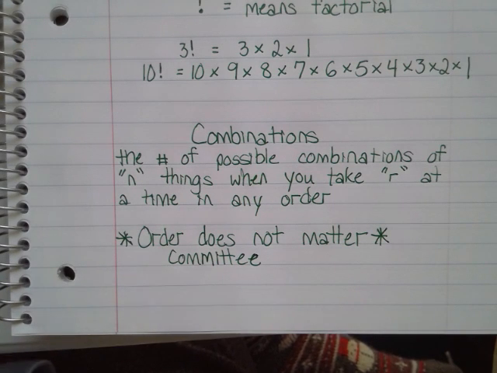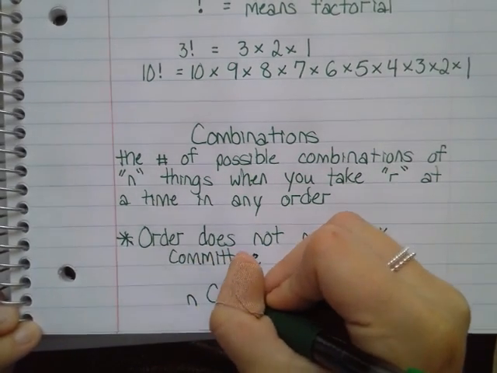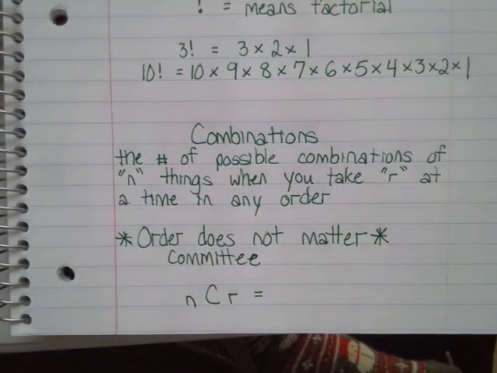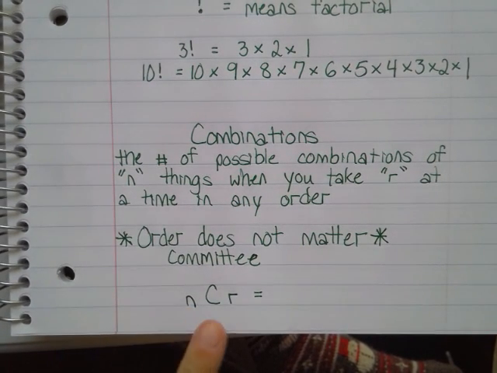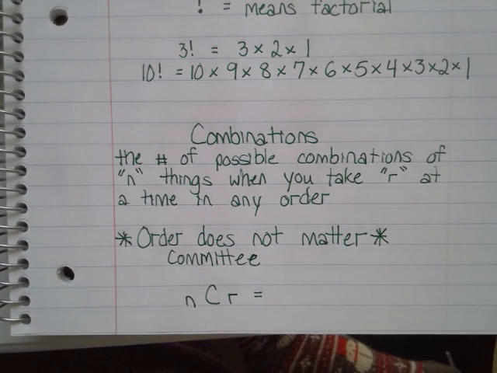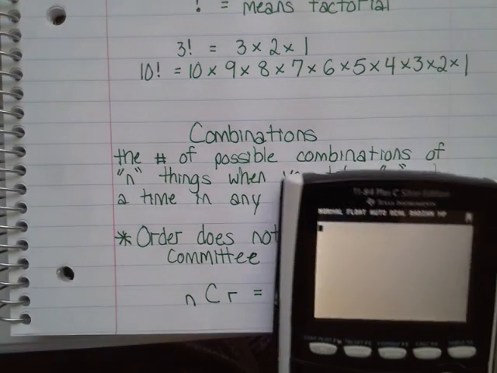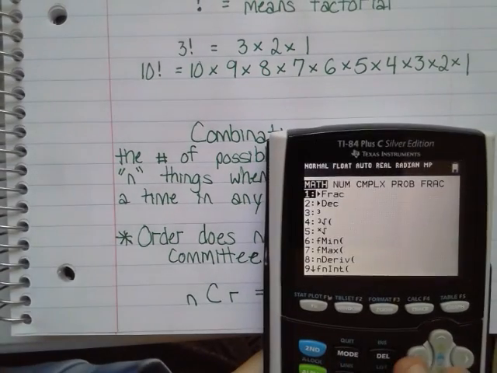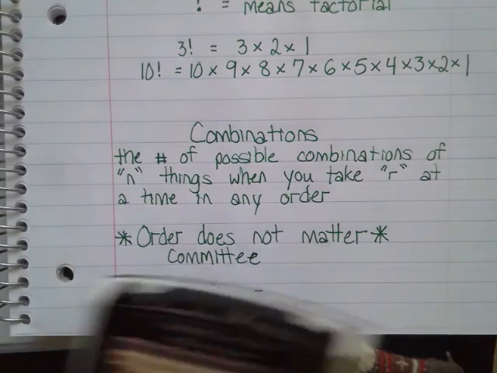In this case, the formula is nCr. It looks the exact same as nPr, writing out the n is how many total, the r is how many you're taking. And if you go into your calculator, you can find it in the same place. So math, and scroll over to probability, nCr is right below nPr.